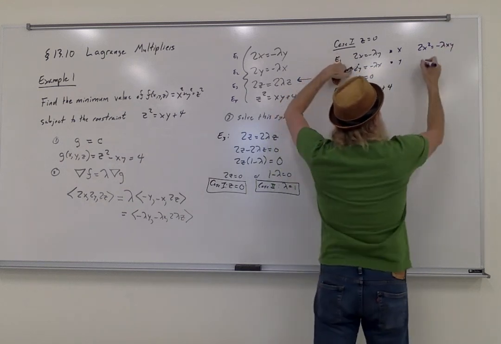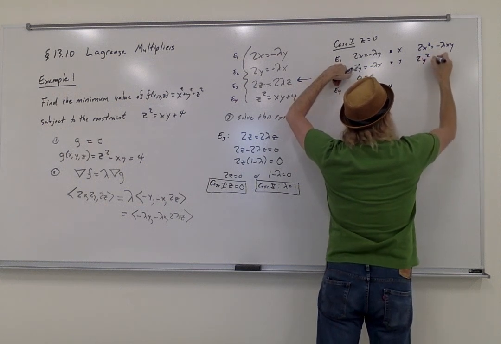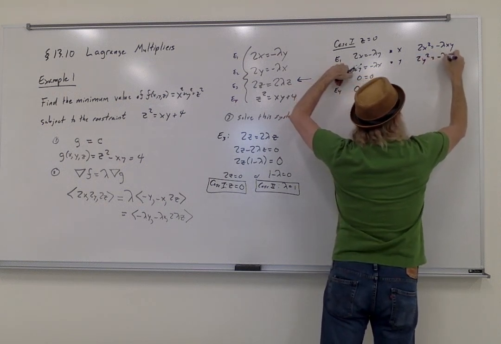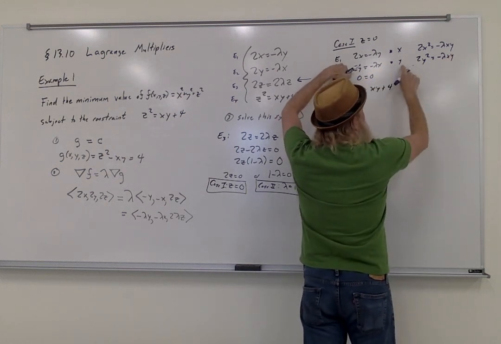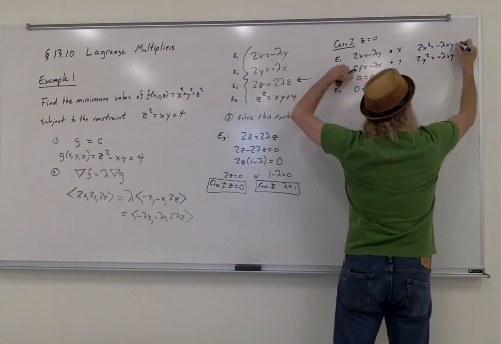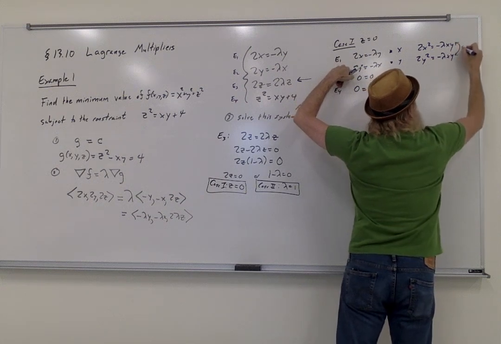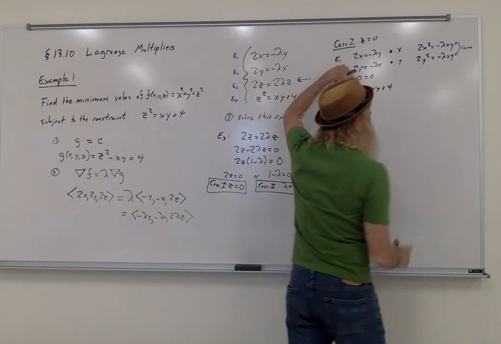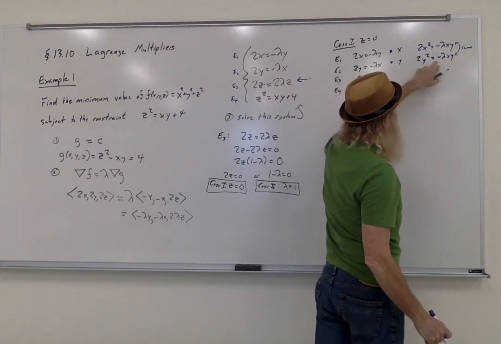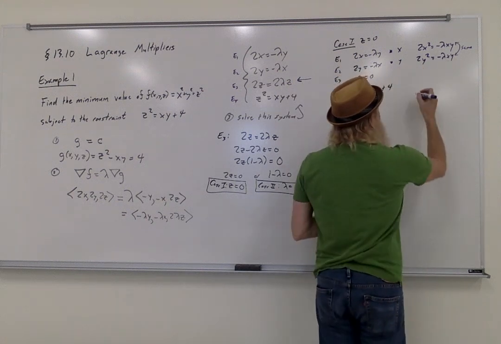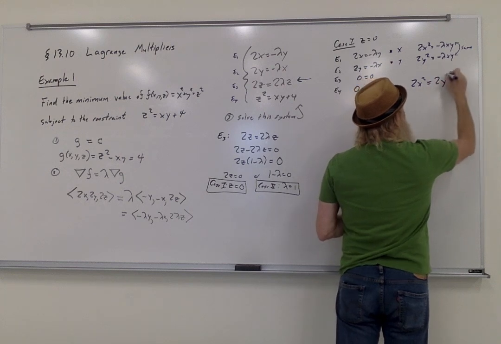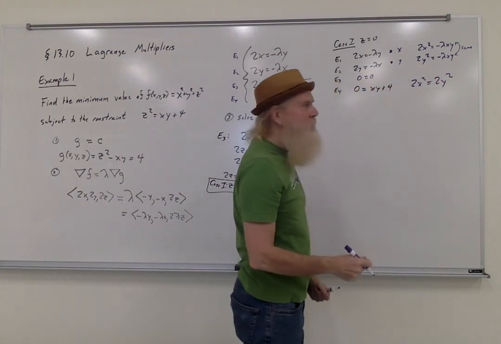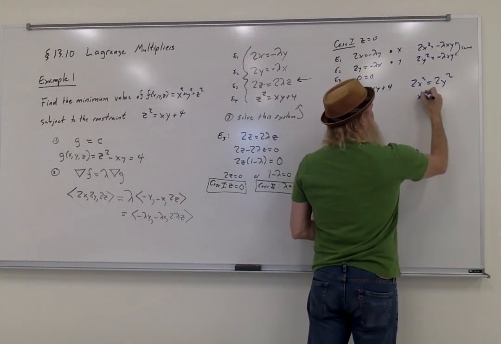And the second equation becomes 2y squared equals negative lambda xy. So notice that when I multiply by x and y in this way, I made the right-hand sides the same. So if these two sides are the same, then that means that these two must be the same. So we get that 2x squared has to equal 2y squared. So x squared equals y squared.